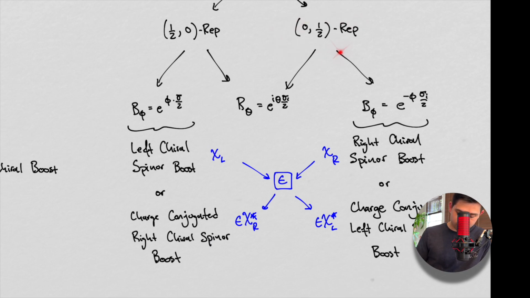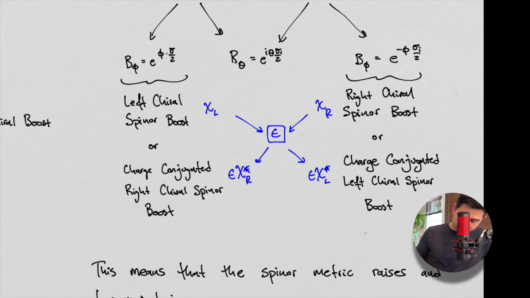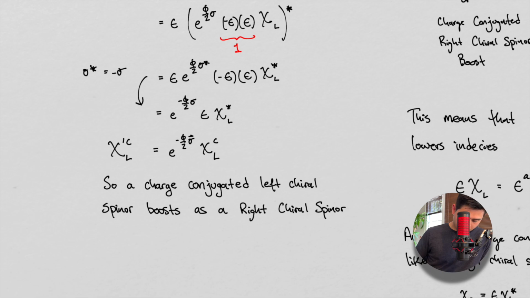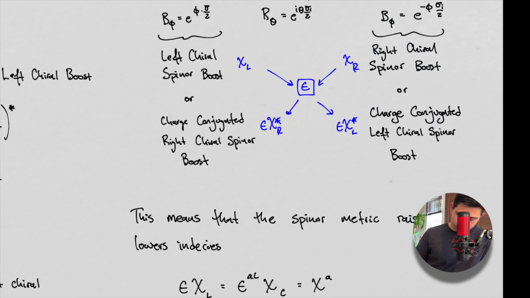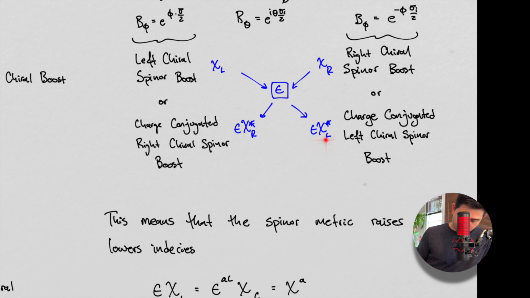We find out that both of these share a similar type of rotation, but different types of boosts. Okay, and then we said that the charge conjugated left chiral spinor boosts as a right chiral spinor.